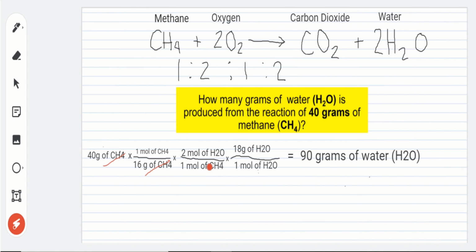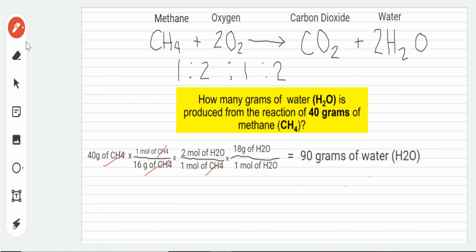So meron tayong dito, so maka-cancel yung unit na mole of methane. So, meron na tayo ngayong value ng amount of water produced, okay, in moles. So, what we need naman is in grams. So, that's why we need to find the molar mass of water so that we can convert, okay, the amount of water, which is in moles, to grams.